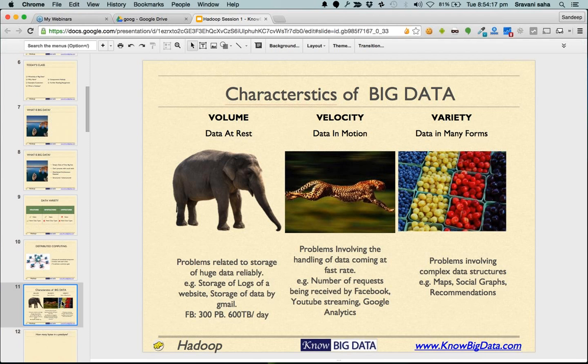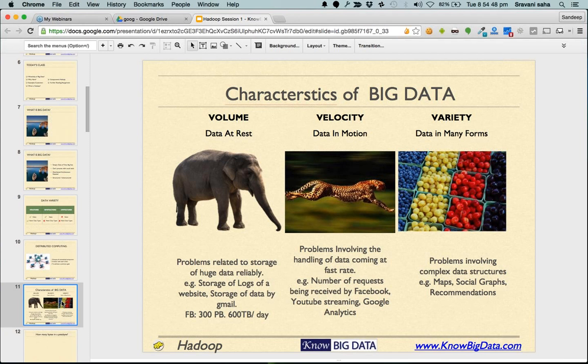For example, your website is gathering lots and lots of traffic per day, and the logs that are generated. What is a log? Every time somebody hits your website, you make an entry into a file, and that is called a log. Whenever your application is running, it keeps on writing to files, recording debug activity, information activity, error activity, or some fatal or critical activity.